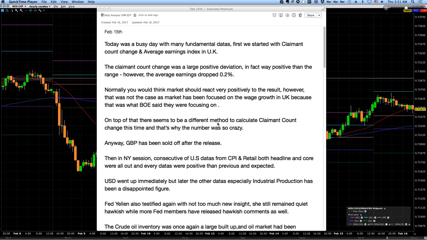But I read a news article by Forex Live saying it's very interesting, because whenever you have high inflation in a certain country, it doesn't necessarily mean anything, because it really depends on how the central bank wants to perceive that.